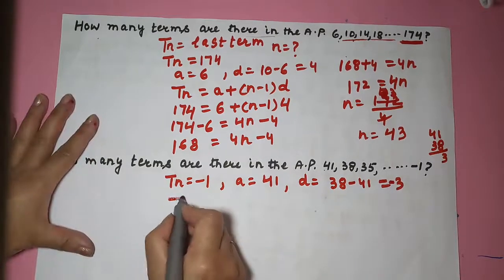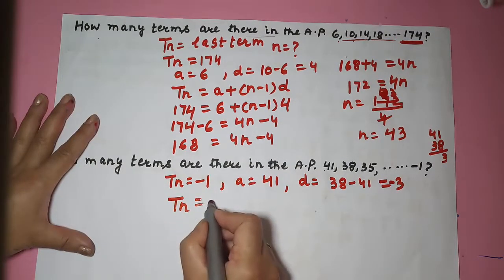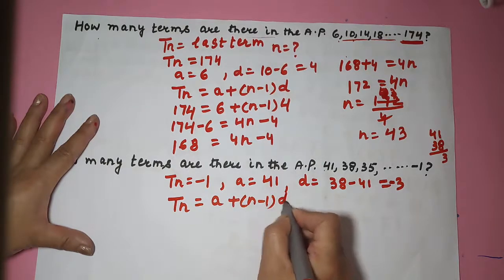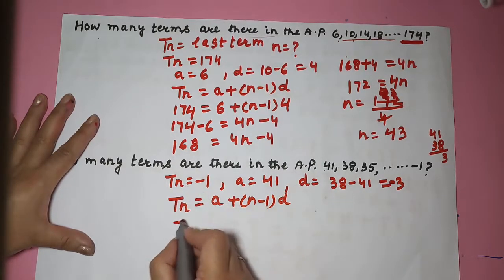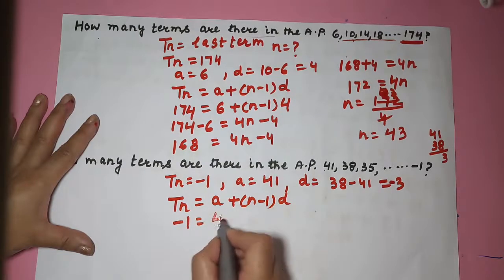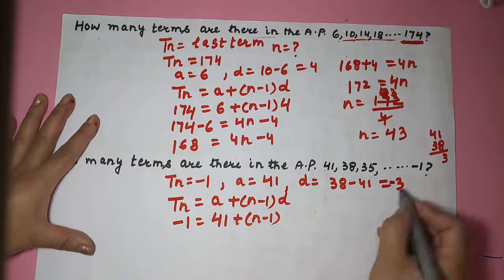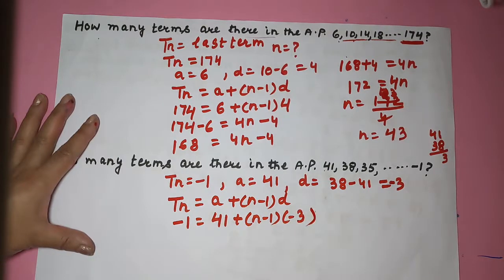So let's write the general formula. Tn is equal to A plus n minus 1 into D. Tn is given minus 1, A is given 41, plus n I don't have, I have to calculate the number of terms, and D is given minus 3.